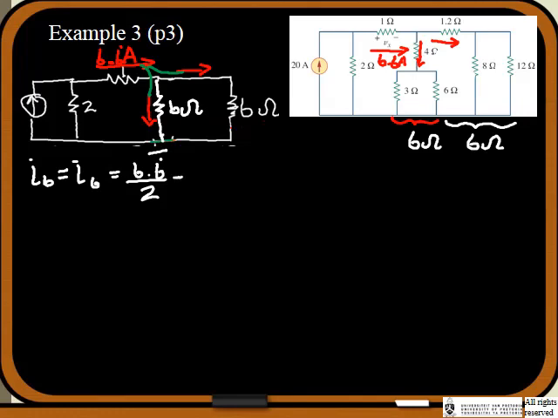So what we're going to get there is 3.3 amps flowing through those two resistors. So what do we know now? Now we know that the current flowing through there is 3.3 amps.